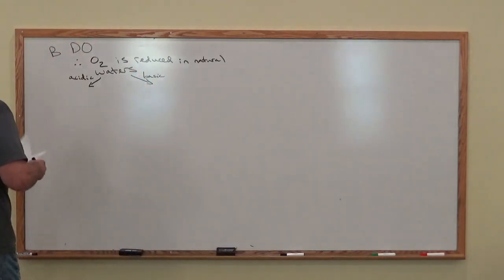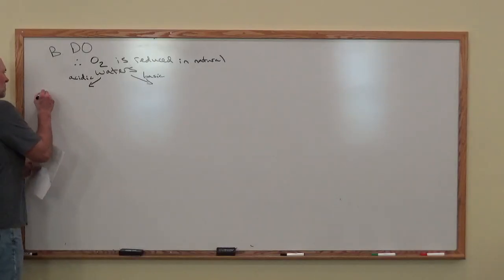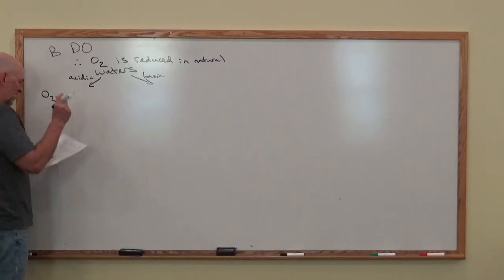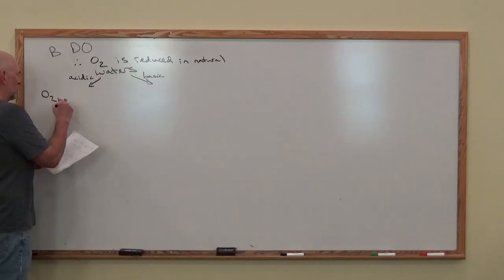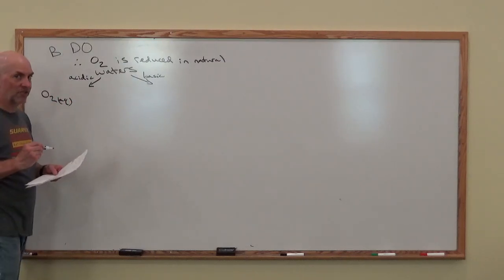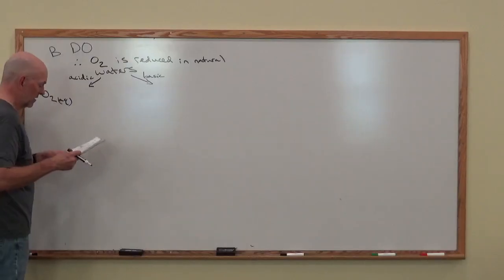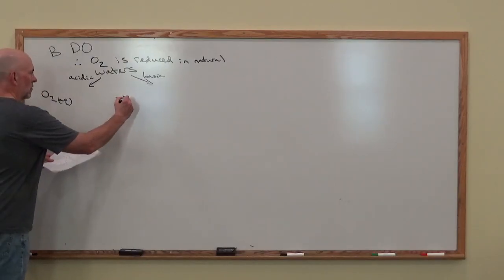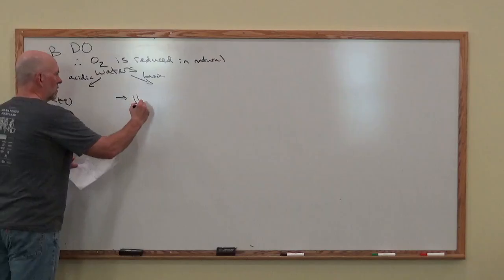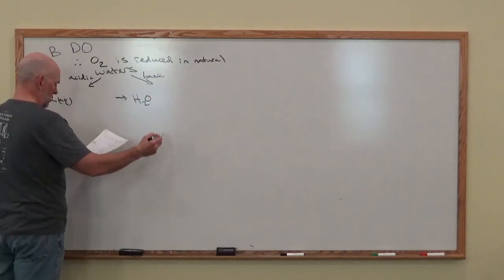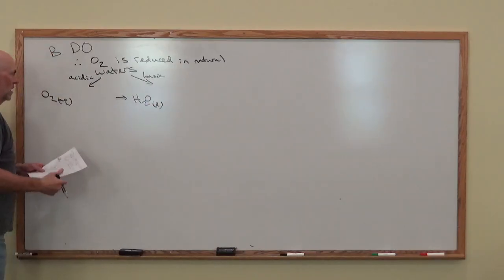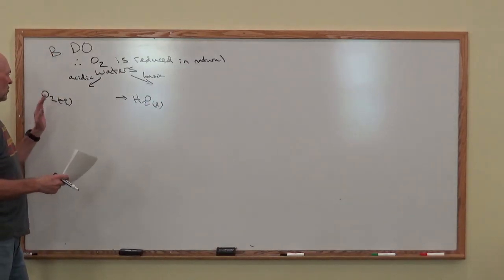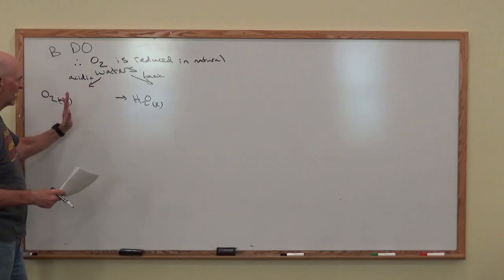So in an acidic solution, oxygen, now we're going to aqueous oxygen, so we have to do some Henry's law for that, becomes water. So oxygen becomes water in an acidic environment.